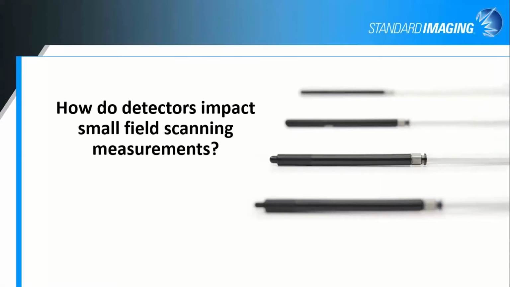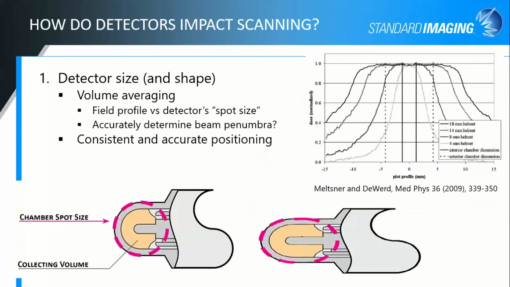So if we're talking detectors specifically first here, how do they impact your small field scanning measurements? Well, first and foremost, it's size. Of course, we're talking small fields, and oftentimes with a lot of the detectors that we have, when we get into small fields, we do meet that condition of the detector being comparable to the size of the field that we're measuring.